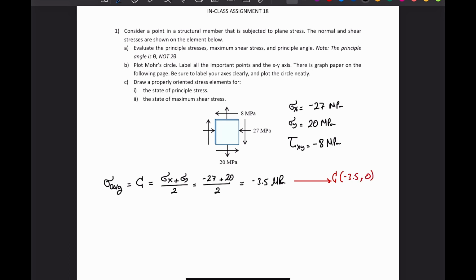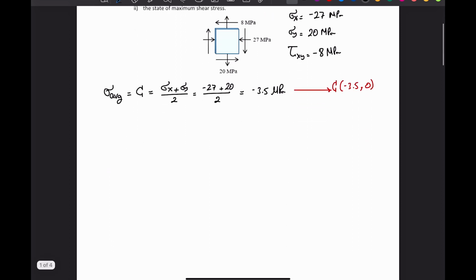Second thing, I need to calculate the tau max, which I'm gonna call R, which is the radius of the circle. So it's gonna be the square root of sigma x minus sigma y over 2. Common mistake that you put here plus. So this is not average, this is just minus. Another common mistake that you forget to square it.